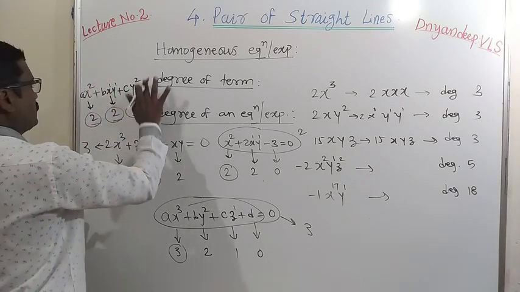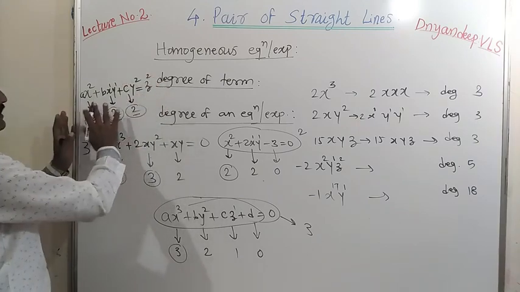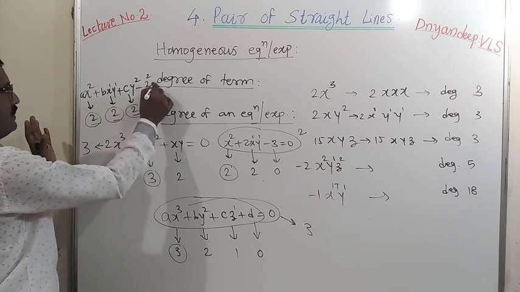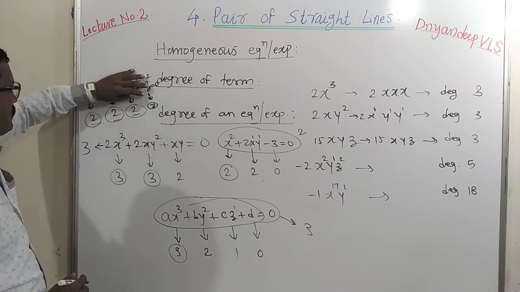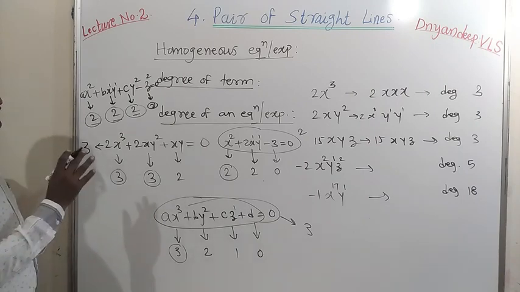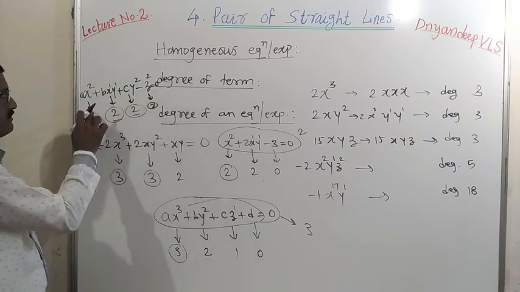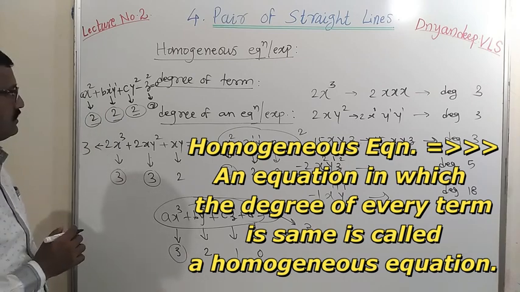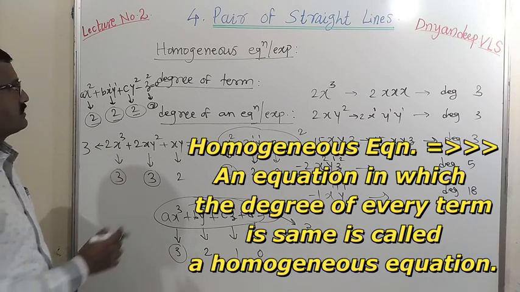If you write here instead of 0, suppose z square, then also it is a homogeneous equation or homogeneous expression, because we can take this z square to the left, and the degree of this will be 2. So this is homogeneous expression. If you take equal, it becomes homogeneous equation. So homogeneous equation is nothing but an equation in which the degree of each term is same or constant, and other equations are said to be non-homogeneous equations.